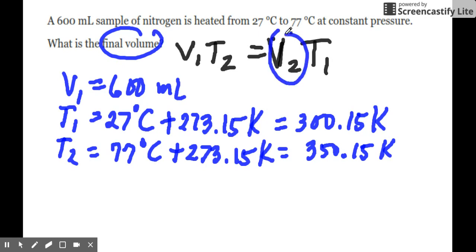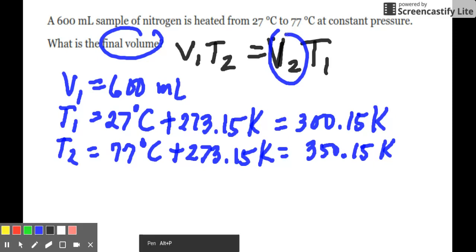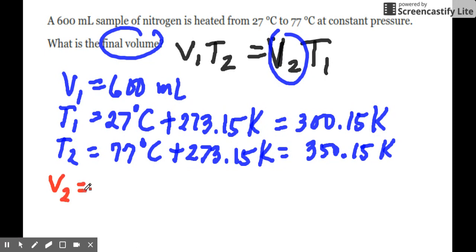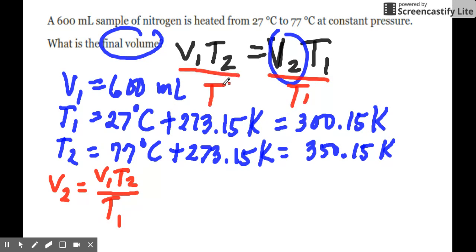To solve for V2, we need to get rid of T1. So the equation we will use is V2 equals V1 T2 over T1, because we divide both sides by T1 to remove it.